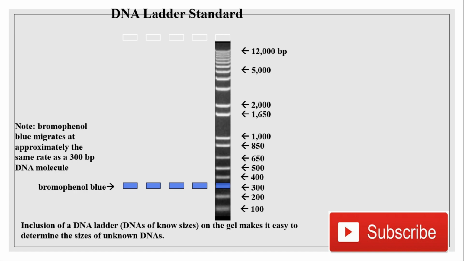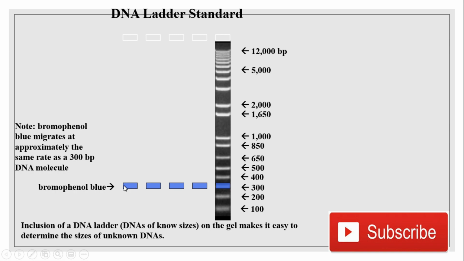The first one and the last one, both sides, you can use for the ladder, because in the ladder we have the known sequence, specifically if we are using the 100 base pair, 50 base pair ladder or 1 kb ladder. The size of each band we know, because you can see here this first one is 100, the second one is 200, the third one is 300, and the last one is 12,000 base pair.